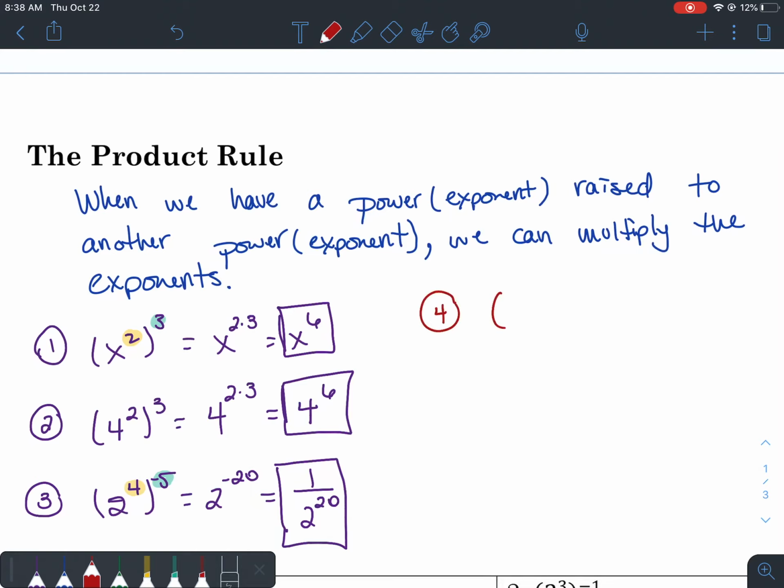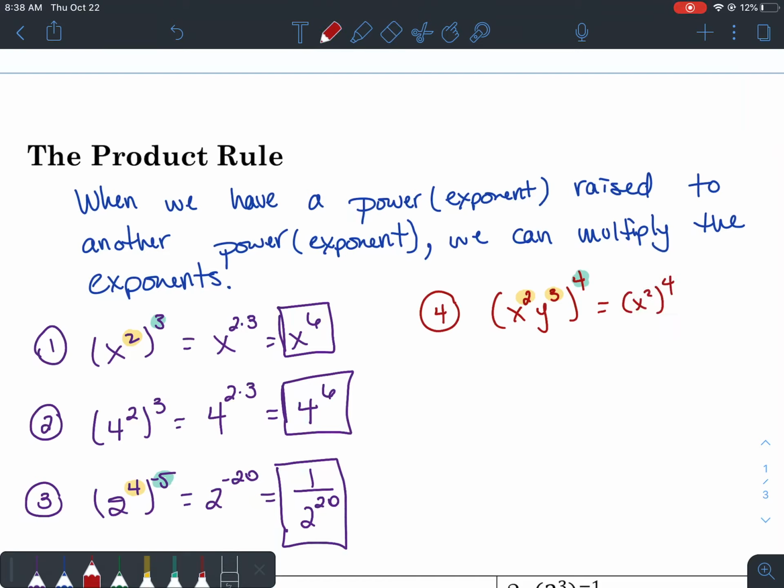It gets a little bit more complicated when you have more than one thing being raised. So let's try x to the 2nd, y to the 3rd, all raised to the 4th power. It's kind of like the distributive property here. You have a 2 exponent and a 3 exponent raised to a 4th. Both of them are going to be multiplied. So x to the 2 times 4. So I'm going to rewrite this like we do with the distributive property.